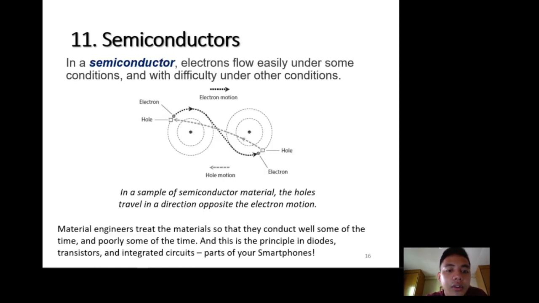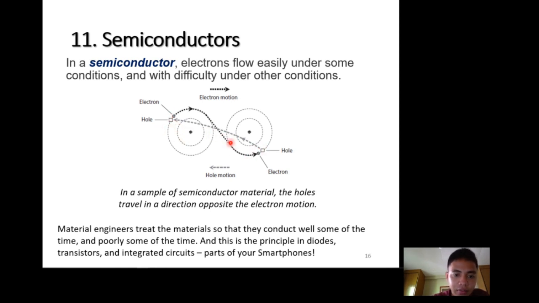Then semiconductors. In a semiconductor, electrons flow easily under some conditions and with difficulty under other conditions. So semiconductors are sometimes conductor, sometimes insulator. So that's the idea of some of our switching devices. Later we will talk about hole motion, and the hole is like the lack of an electron, so it will just transfer.